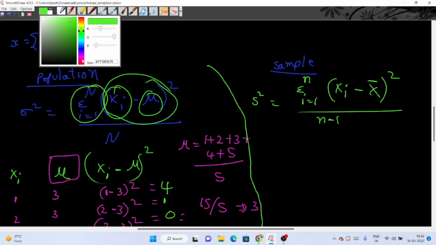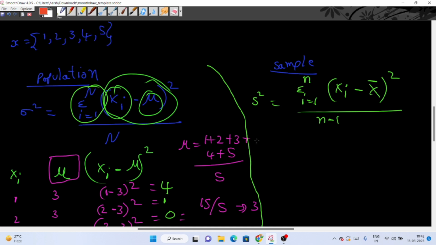So same as before. Now let us write all the points which we may require to solve the problem. We require xi, we require x bar, and then we require xi minus x bar whole square.